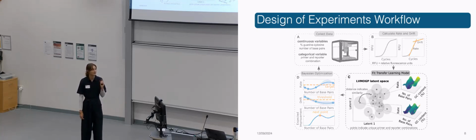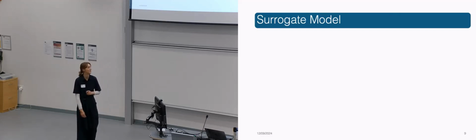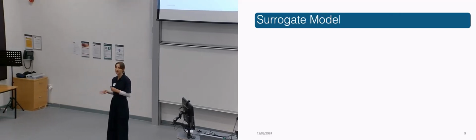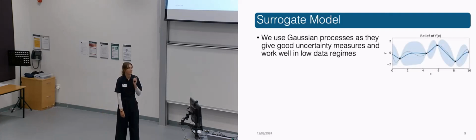So I'm going to talk about the transfer learning models now, our surrogate models for Bayesian optimization. I'm going to introduce 4 models. 3 are benchmark models that we compare against, and 1 is the model that we're proposing to use for this. But before I introduce them, I'm going to justify why we use Gaussian processes, which is maybe preaching to the choir a little bit.